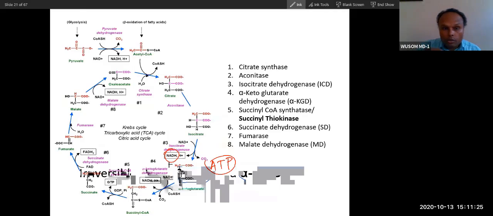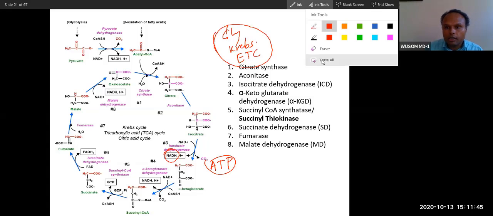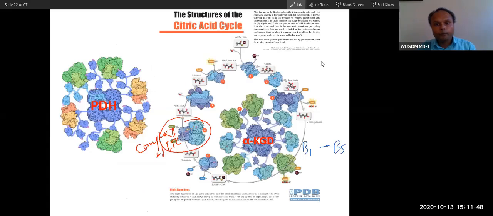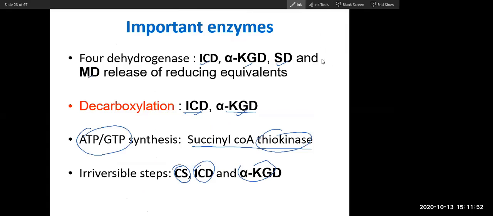All pathways: NADH, ATP will inhibit glycolysis also, the Krebs cycle also, and the electron transport chain also. Because these are the end products. Product inhibits. Did you get that? Yes, product inhibits.